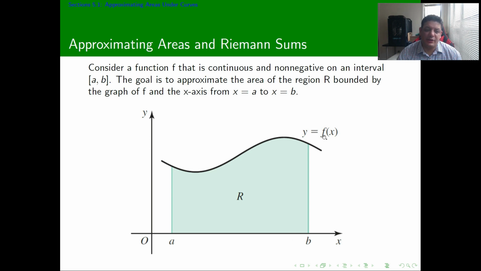Now, in general, consider a function that is continuous and not negative on the interval a, b. The goal here is to approximate the area of the region bounded by the graph and the x-axis in the interval a and b. Okay, so we want to approximate this area.